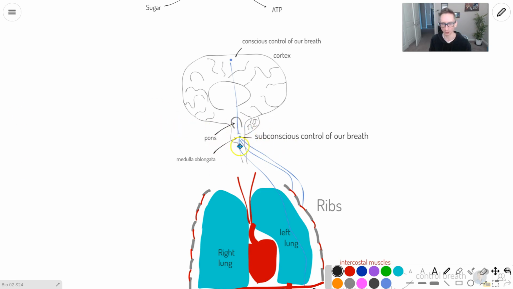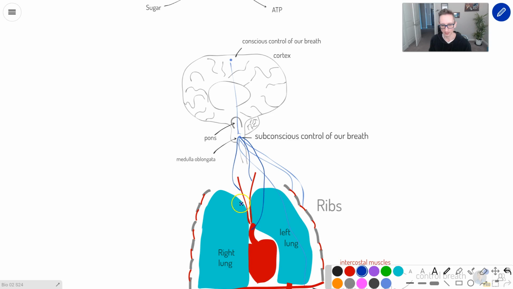All right, well, how does this work? How is this medulla oblongata regulating things? Well, it does it by having signals come up to the medulla. So signals come up from these neurons that are attached to these arteries, and they also send up neurons from the aorta as well.